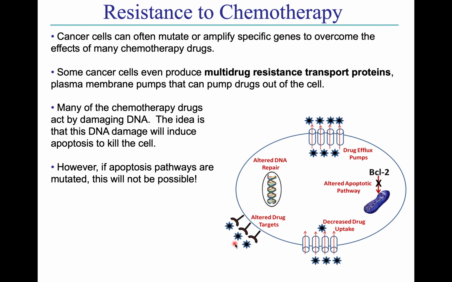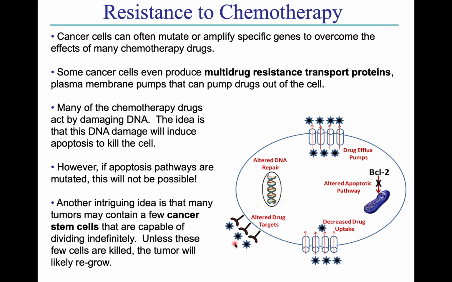So again, unfortunately, there's a number of different strategies that cancer cells use to avoid the effects of some of these chemotherapeutic agents that we've talked about. And another interesting idea that's gained some traction in recent years is the idea that tumors may actually contain what researchers have called cancer stem cells.